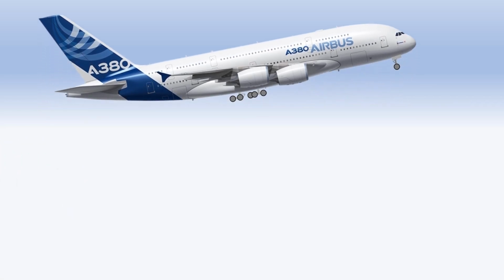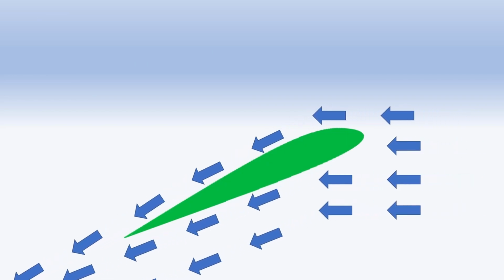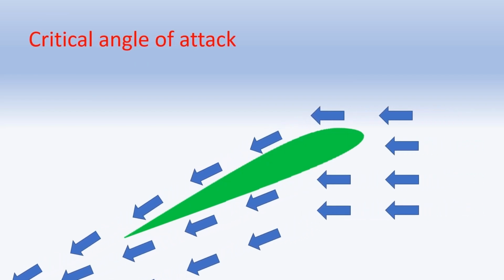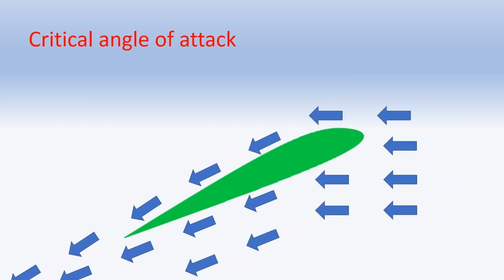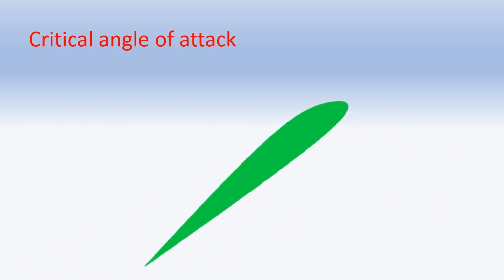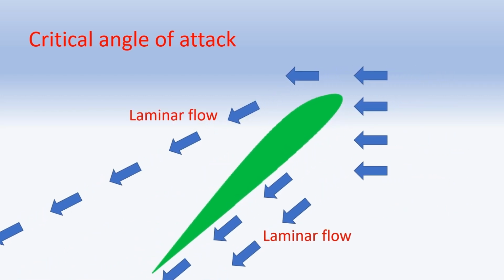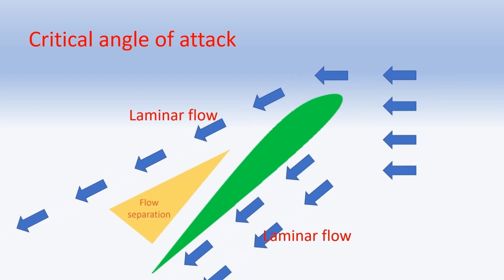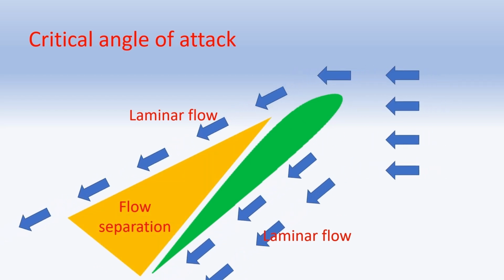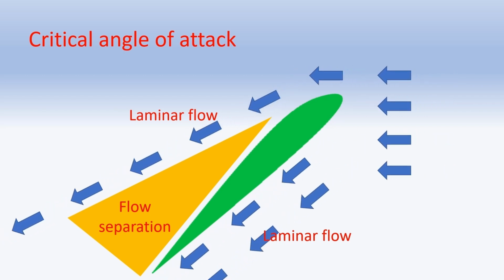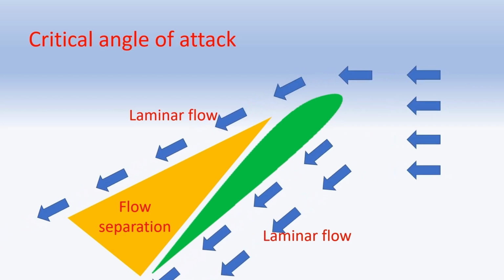Even though the angle of attack helps generate more lift, it still has a limit. This limit is called the critical angle of attack. Beyond this limit, the angle is too high, and the flow separation becomes wider. Thus, the airflow over the top will no longer move in a straight line, which we call laminar flow.